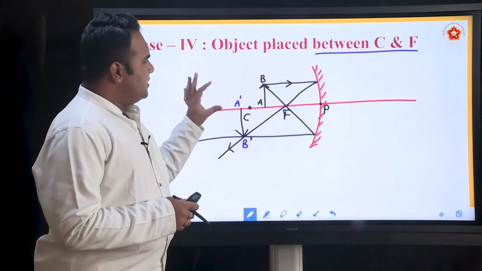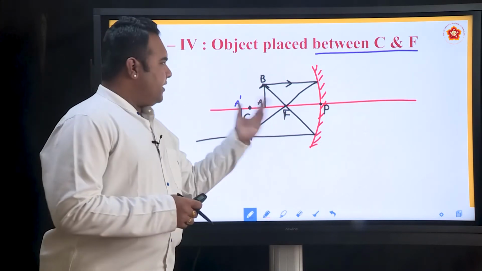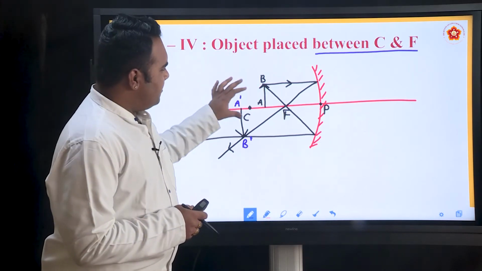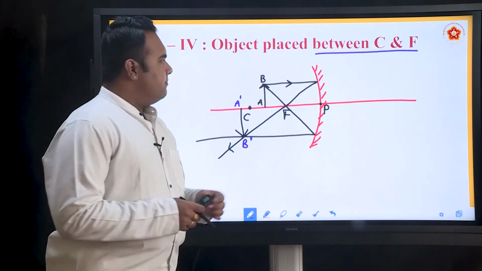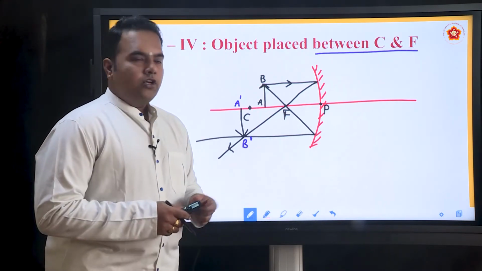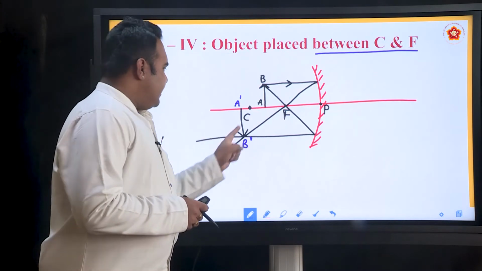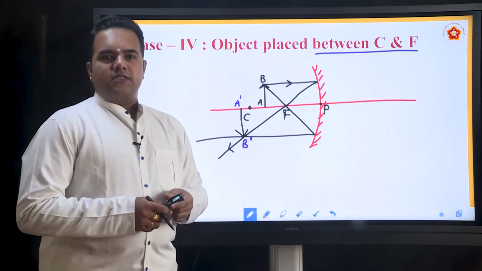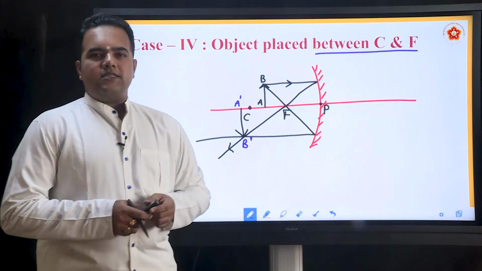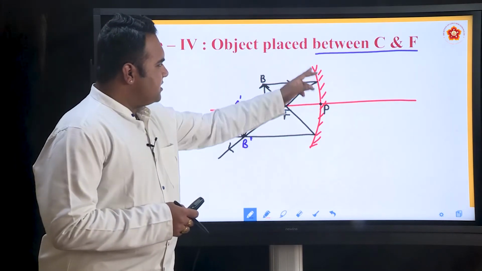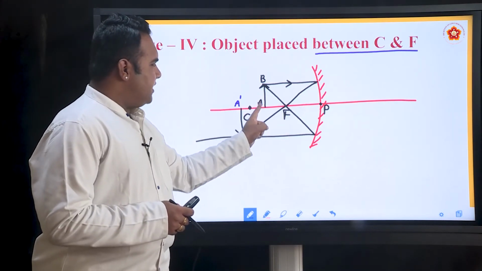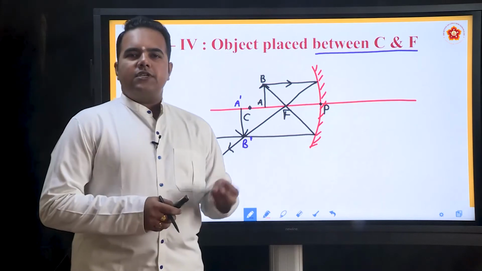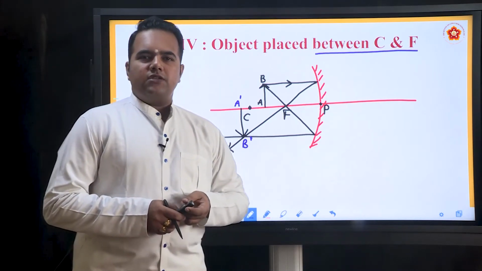In your textbook these images will be looking very good because they use all parallel rays of light, but with a freehand diagram also you should be able to recreate the image exactly at the same distance. So, only for this particular case we are trying to recreate and then check whether the object, when it is placed here, what will be the position, nature and the size of the image that is formed.